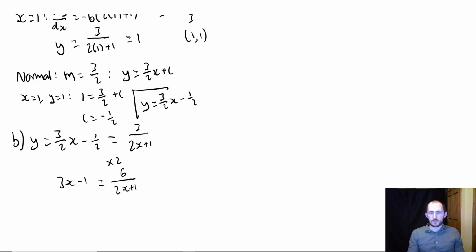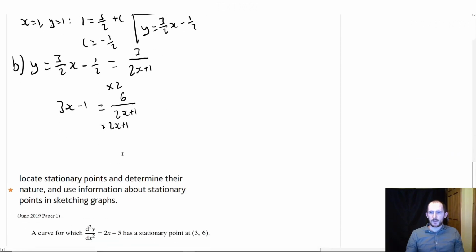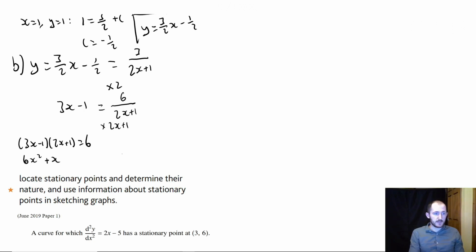Okay, so now we're going to multiply both sides by 2x plus 1. Then here we have 6x squared minus 2x plus 3x, that's plus x.